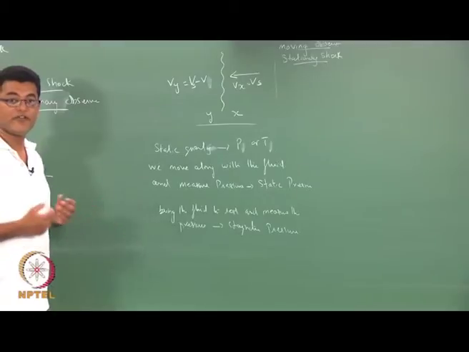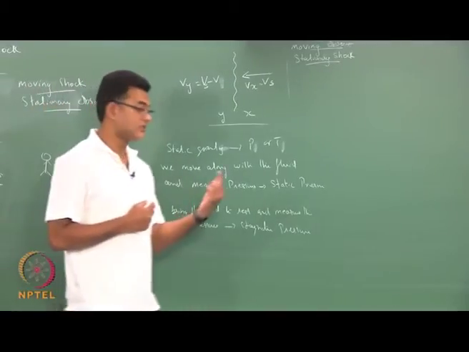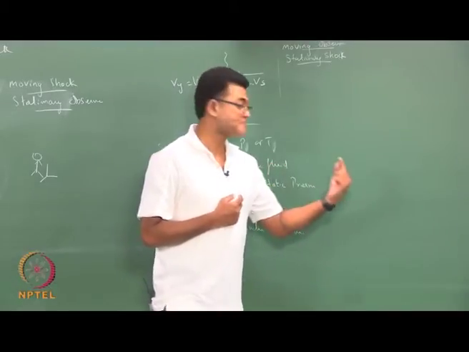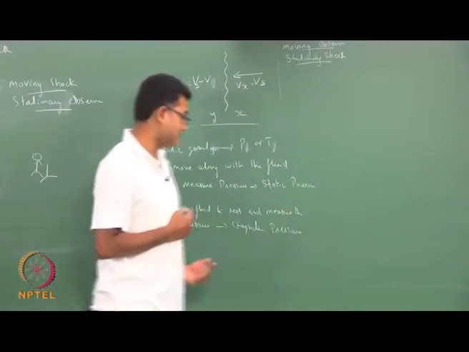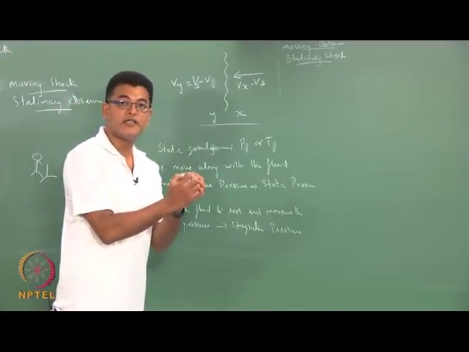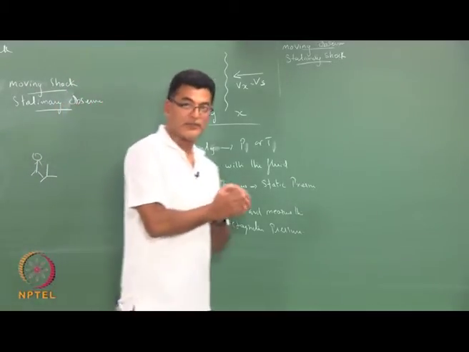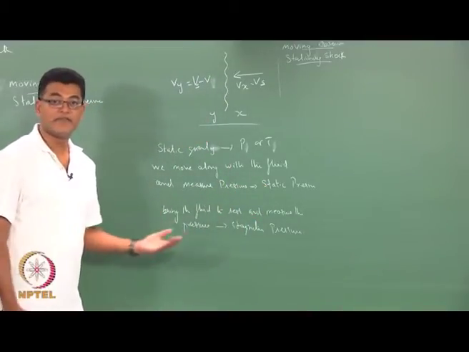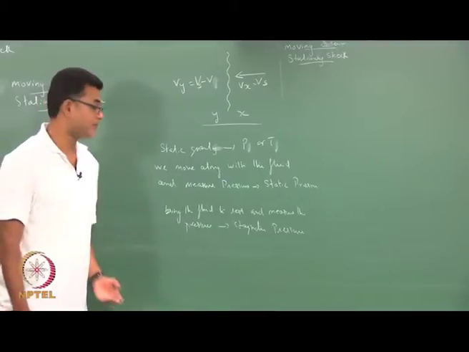So, if I have a fluid, and I am moving along with the particle and measure my pressure or temperature, I would get my static pressure or static temperature. If I isentropically bring it down to 0 velocity and measure my temperature or pressure, the quantity that we are measuring is called the stagnation pressure and temperature.